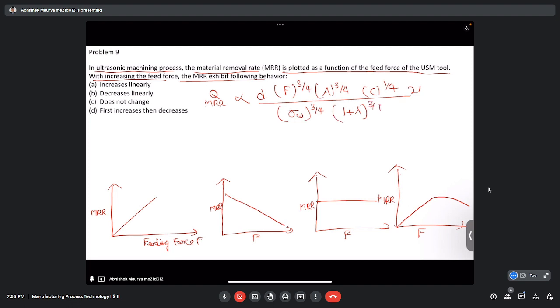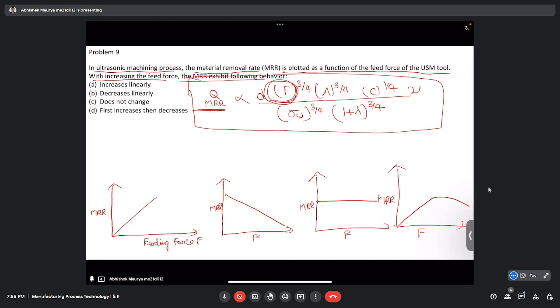Okay, so if you see this relationship, we can find that there is a relation between MRR and the feed force. At least one thing we can say is there is no linear relationship between the MRR and the feed force.